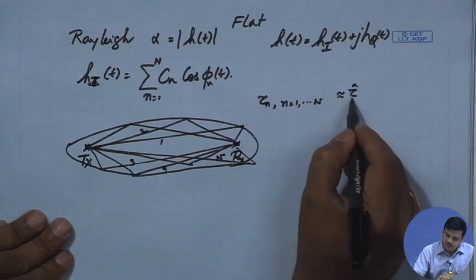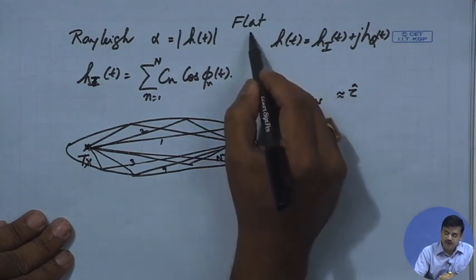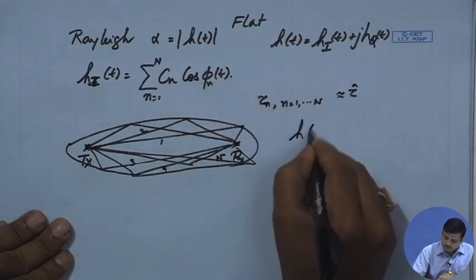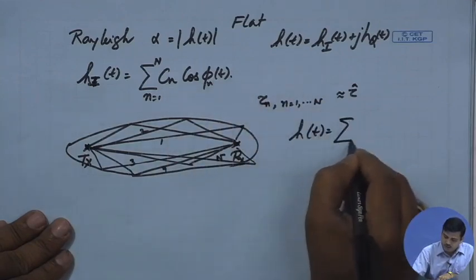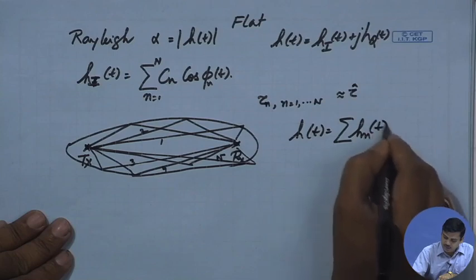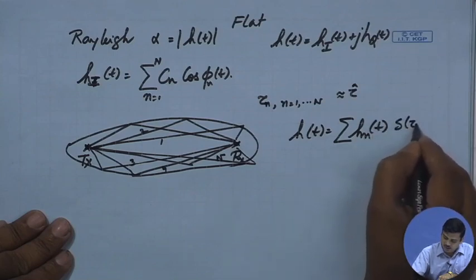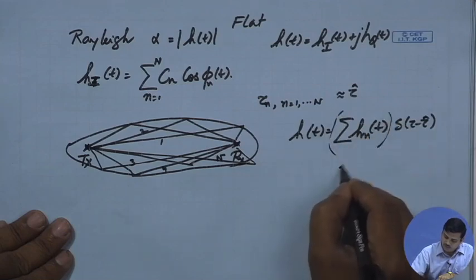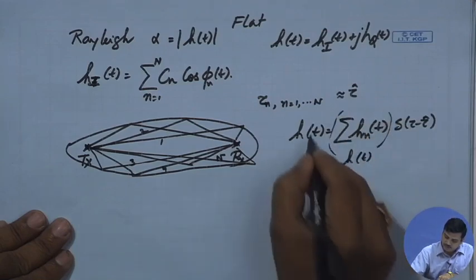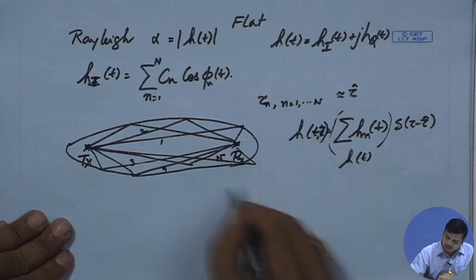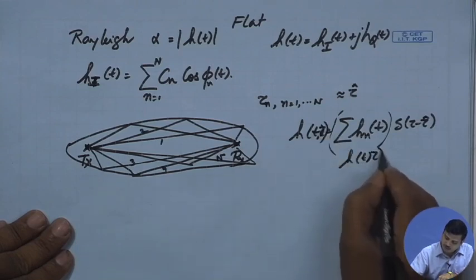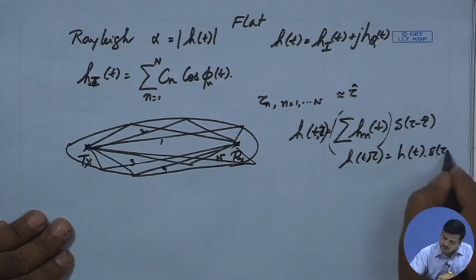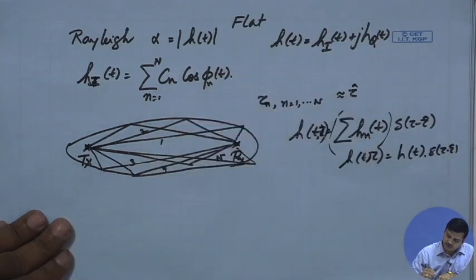This led to the conclusion that we could have flat fading, because in our expression of h t, we had the sum over h n of t delta of tau minus tau cap, and we could add up all of this to represent h of t comma tau. So, h of t comma tau was h of t times delta of tau minus tau cap. This led to flat fading.